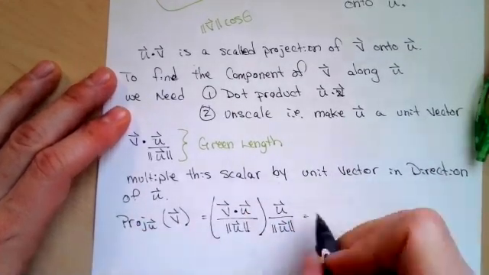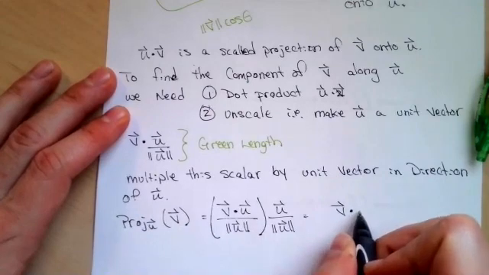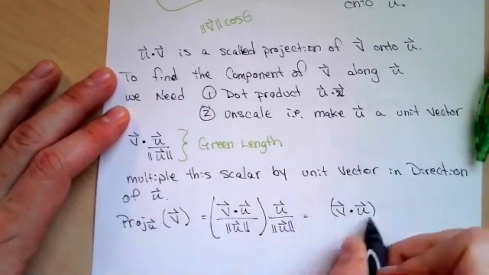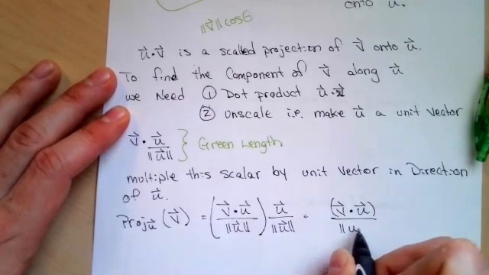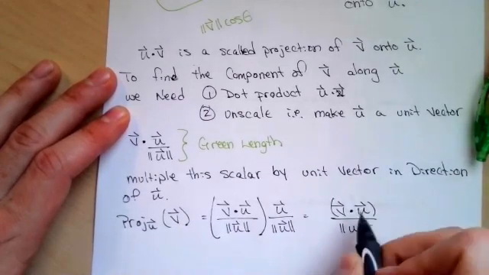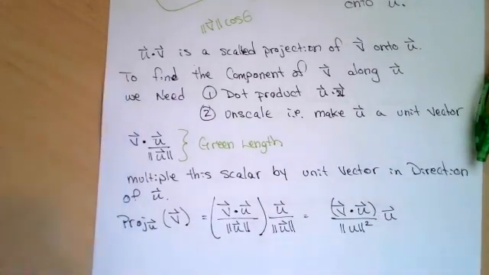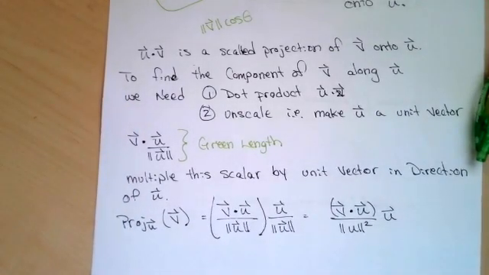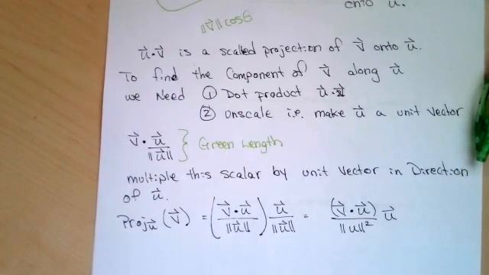So all in all, we get v dot u over the norm of u squared, and then multiply that times the vector u. Any questions on that?